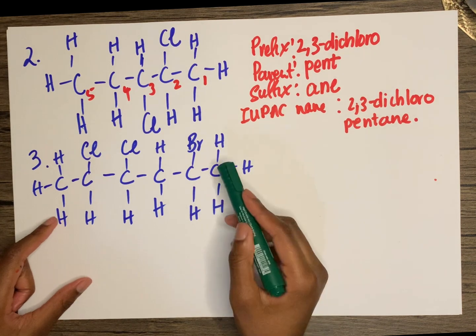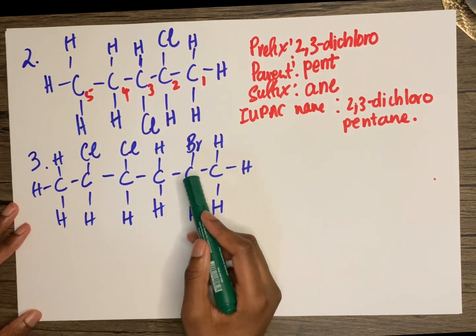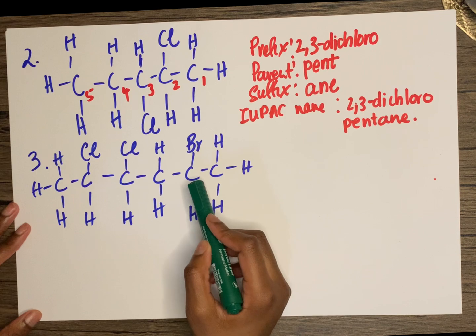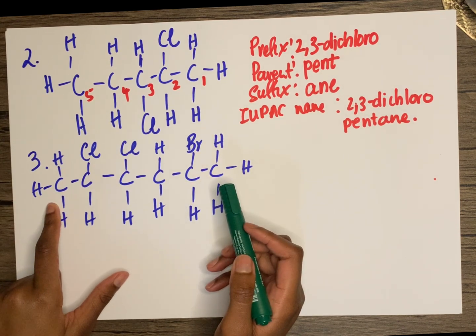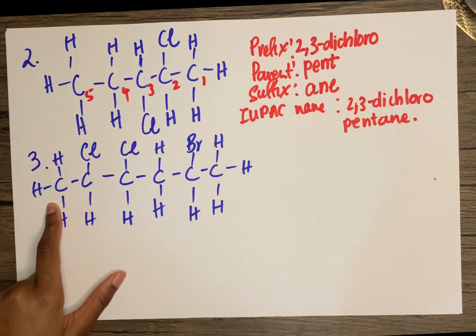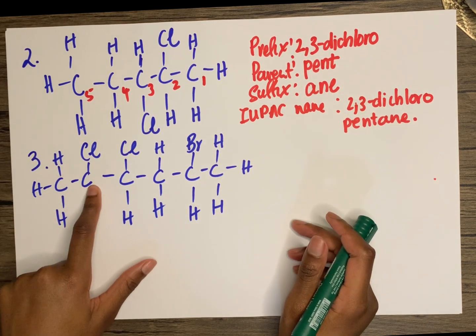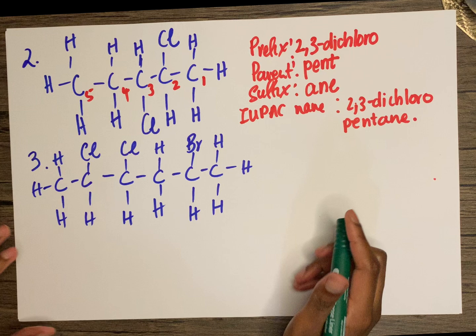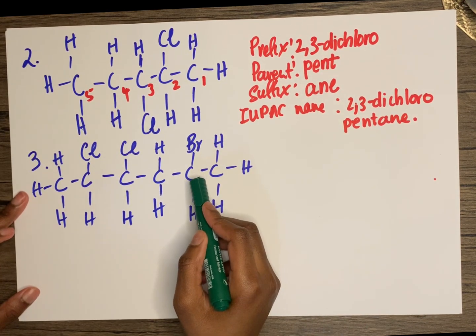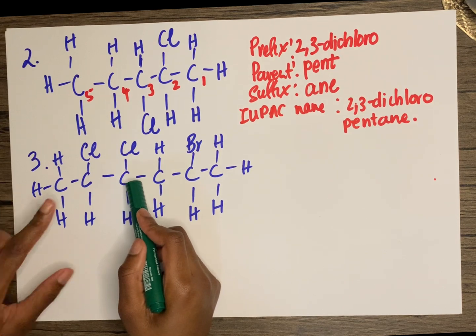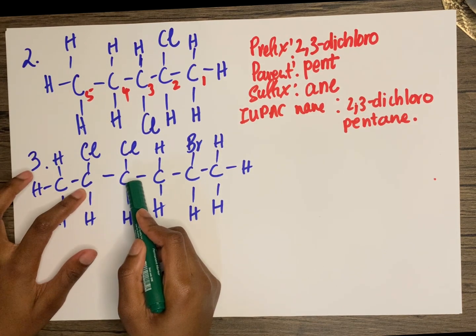If I number from the right, my first substituent is going to be bonded to the second carbon. If I number from the left, also my first substituent is going to be bonded to the second carbon. But if I'm numbering from the right, it's going to be a substituent on the second carbon, then another one on the fourth, and then another one on the fifth, right?